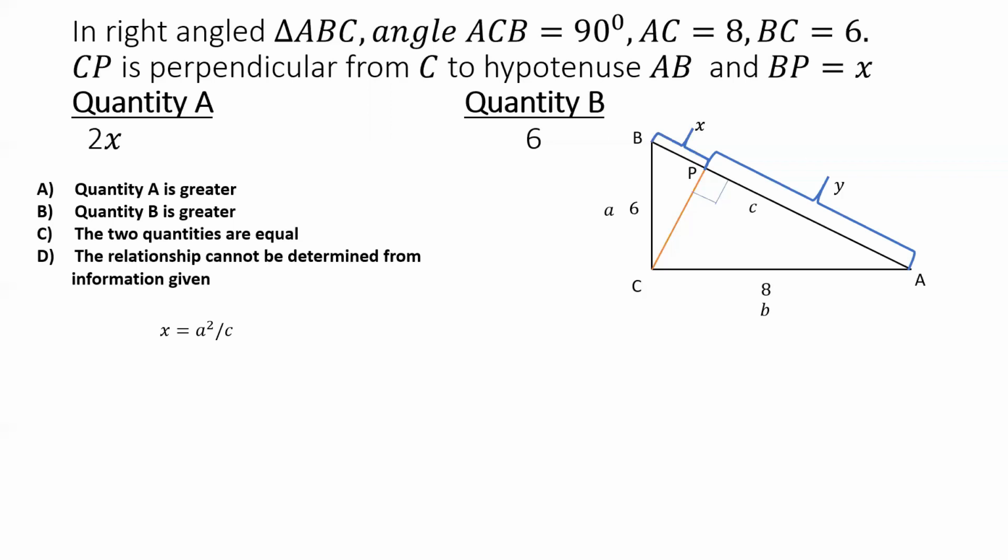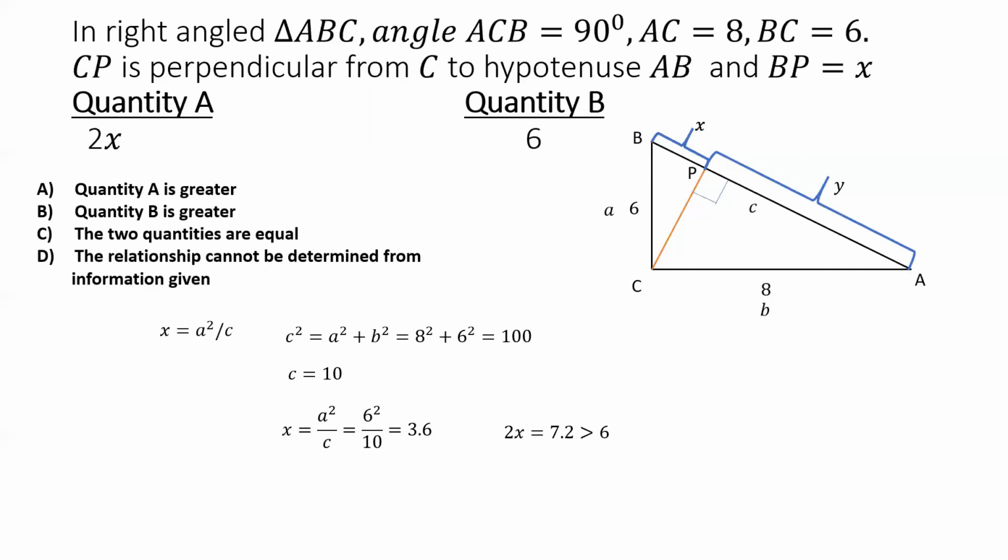And in this case, c is not given, but we can apply Pythagoras theorem. Like I said, we don't need to prove Pythagoras theorem here. We can just take the result. c squared is equal to a squared plus b squared, and that makes c squared 100, which makes c equal to 10. And now we know a and c, we can find x by simply plugging in the value. x equal to a squared by c equal to 6 squared by 10, that makes it 3.6.